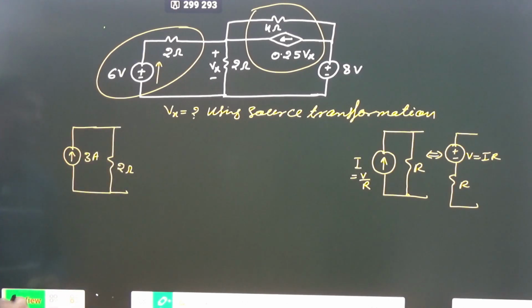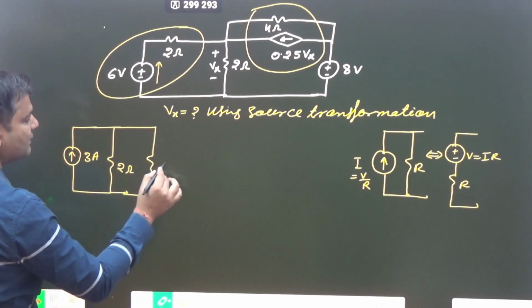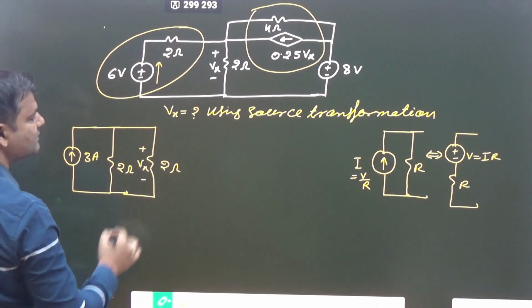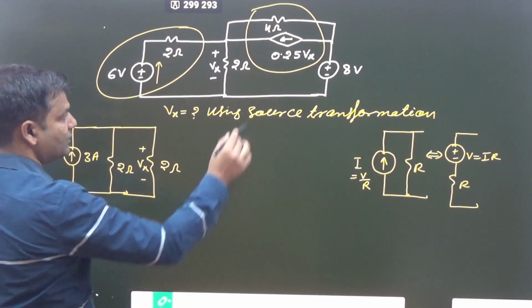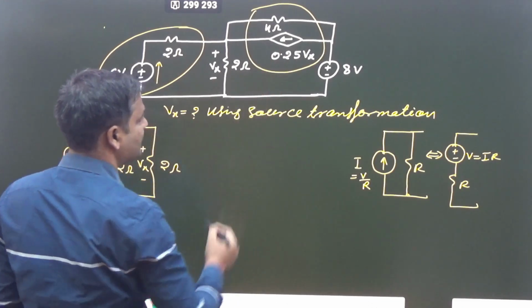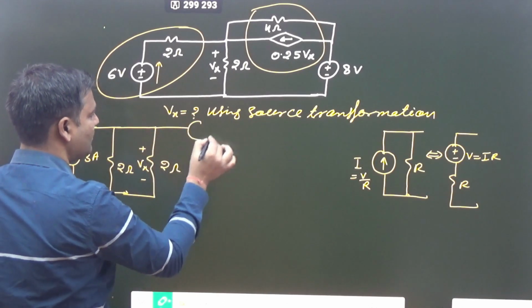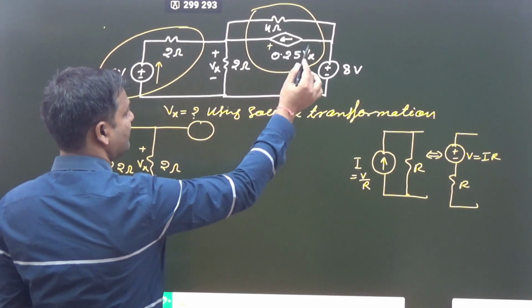Clear or not? And after that, that one is 2 ohm, here plus minus Vx. Now if this one is changed, 0.25 Vx into 4 is how much? Simply Vx. And what about polarity? Here positive, here negative, because current leaves from the positive terminal.